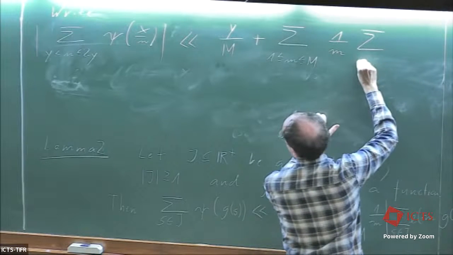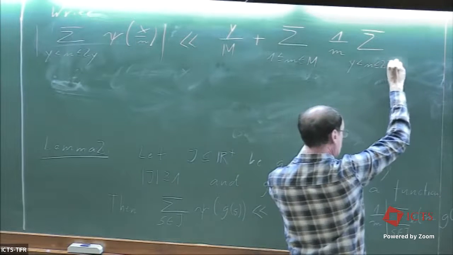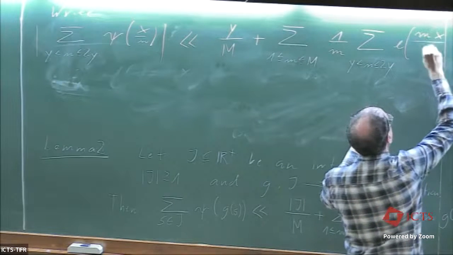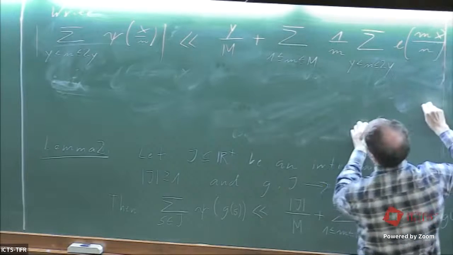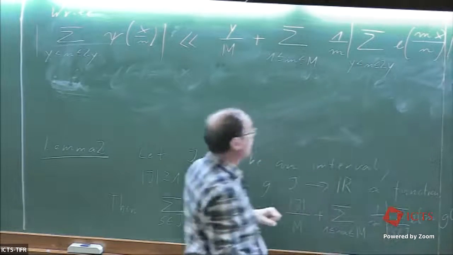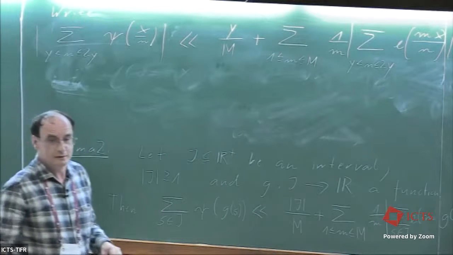Yeah. Okay. The sum of e of m x divided by n. Good. Anything wrong?